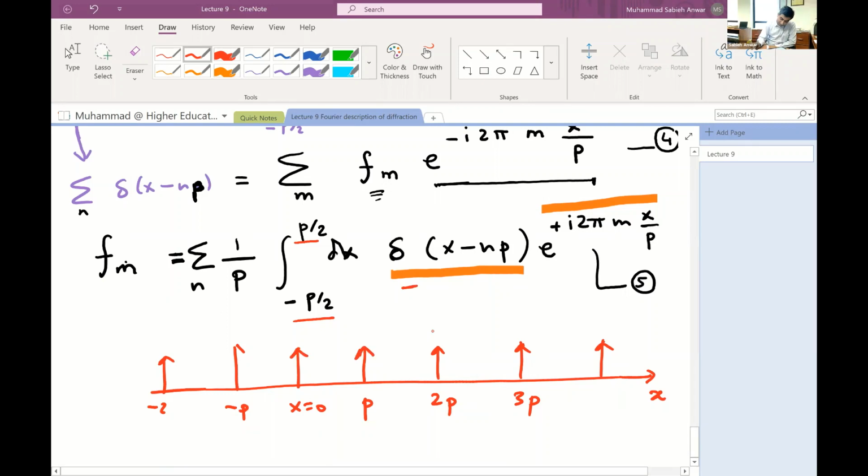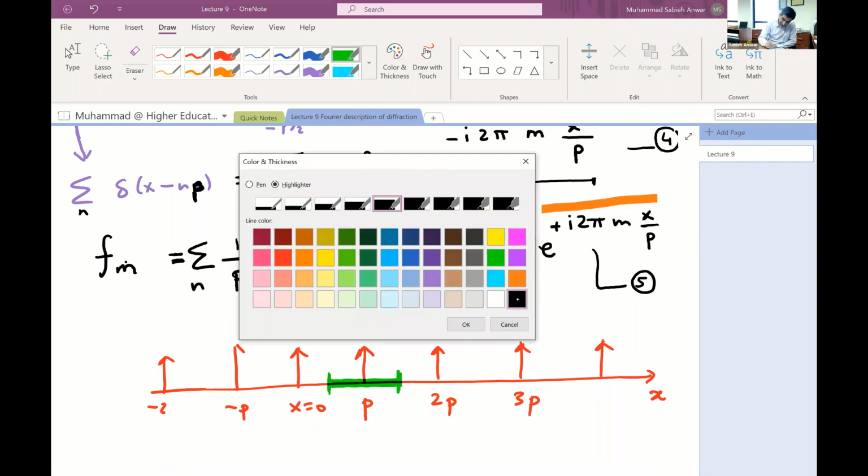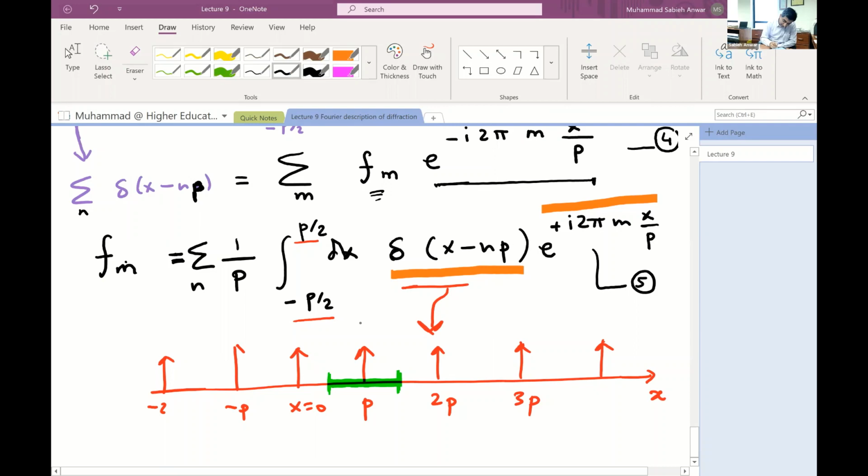And I'm only integrating from minus p by 2 to plus p by 2. So I'm integrating from this range to this range. Okay. And there's a Dirac delta function that lies inside this range. Oh, sorry.